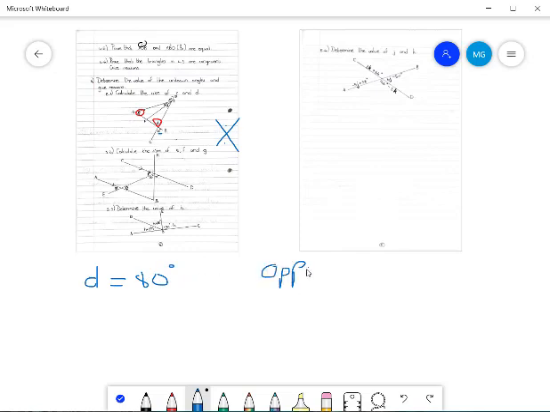Because opposite angles are equal. Okay, so I figured out D. Now let's figure out what C is.